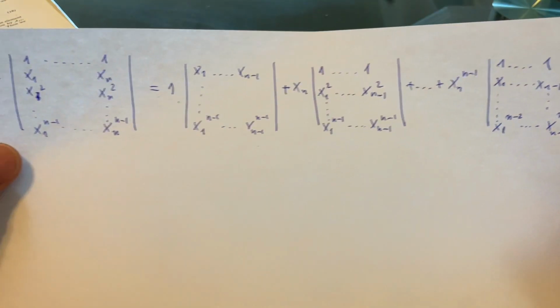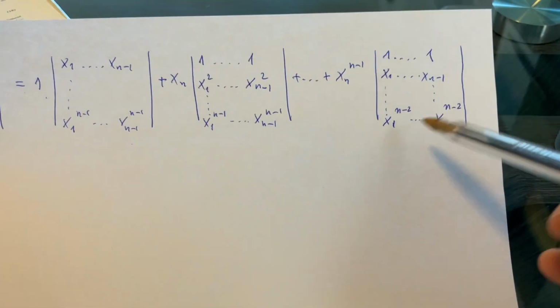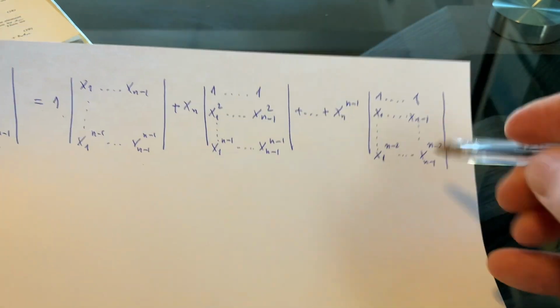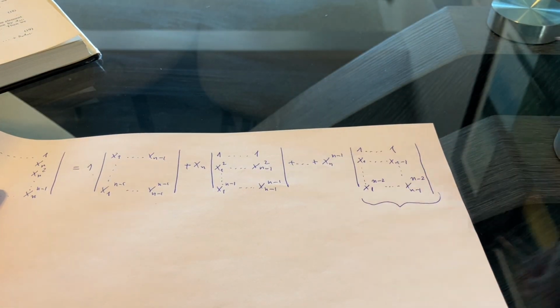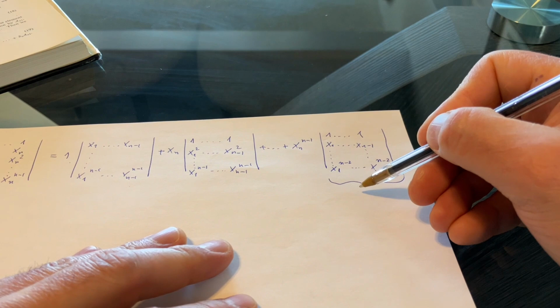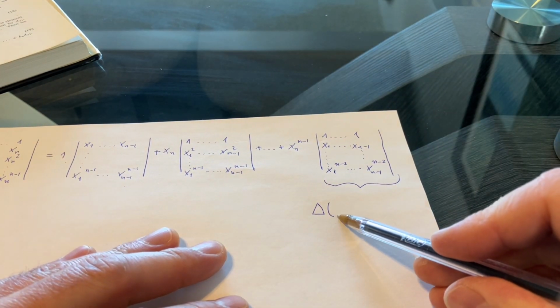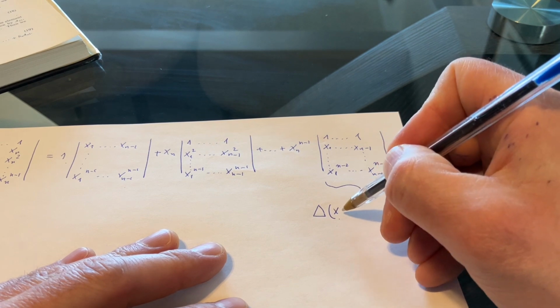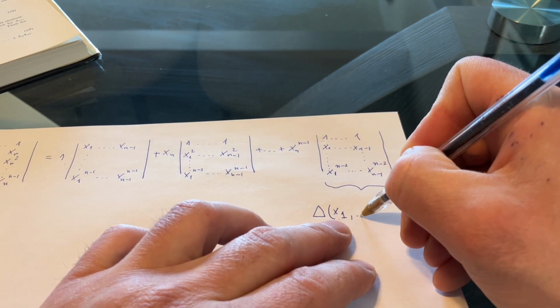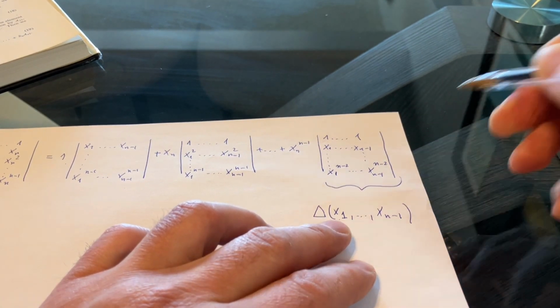So what do we have here? This term right here is the Vandermonde determinant of x1, ..., xn minus 1.